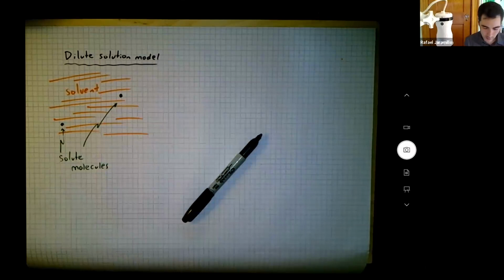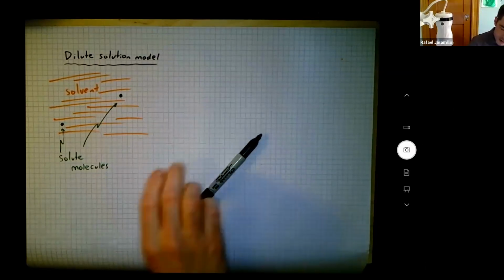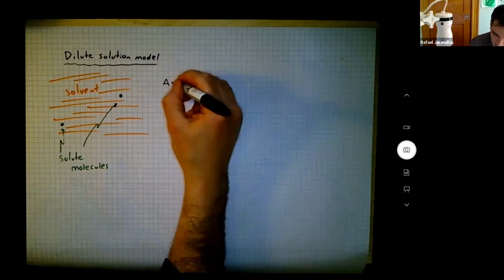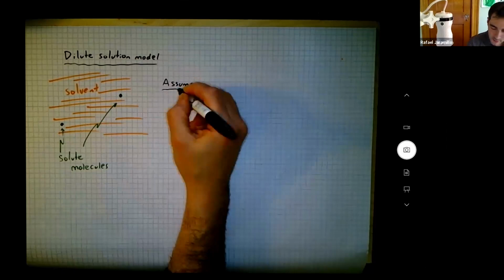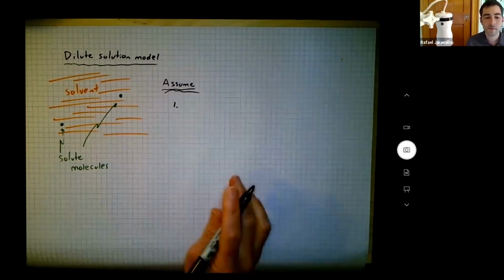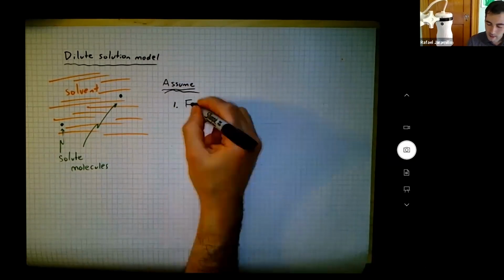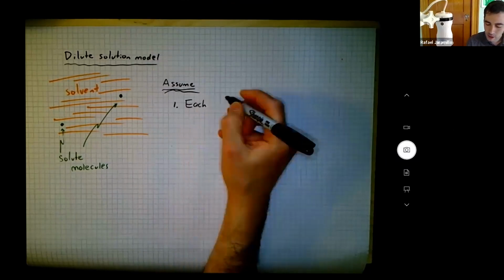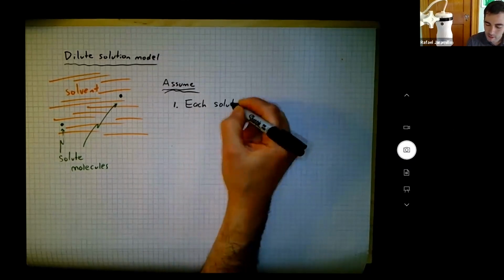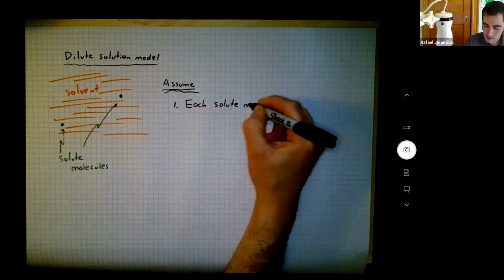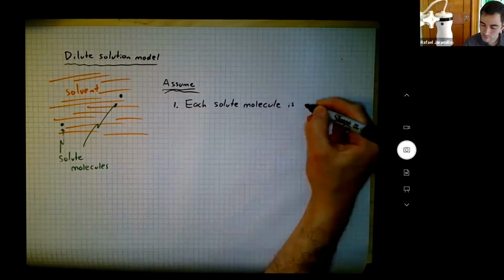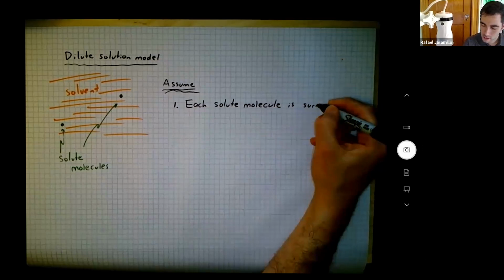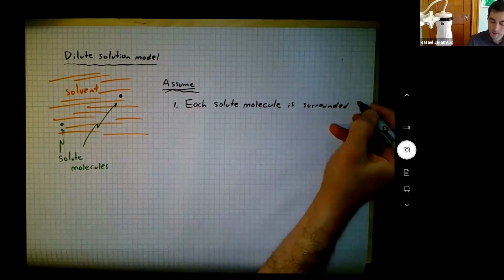So what does dilute mean, right? Not concentrated. So these are the assumptions. We're going to make two assumptions about these physical systems. One, each solute molecule is surrounded by solvent.